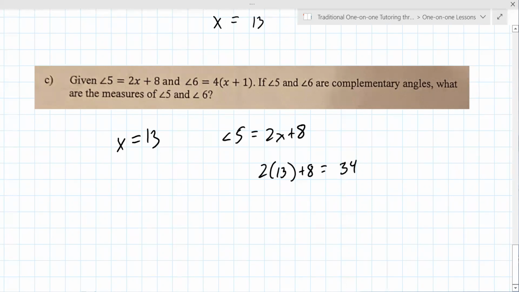Okay. Very good. Now you're going to do it for the other angle, for angle 6. 4 times x plus 1.